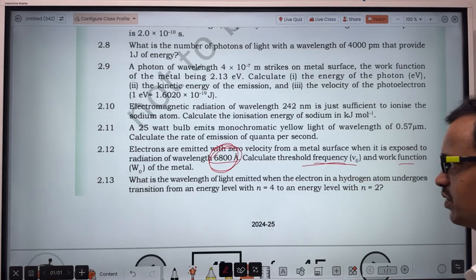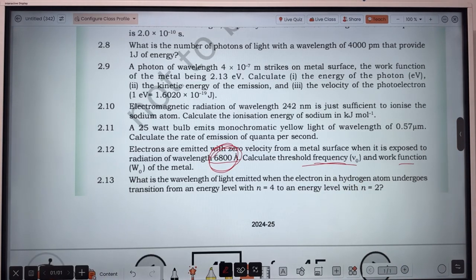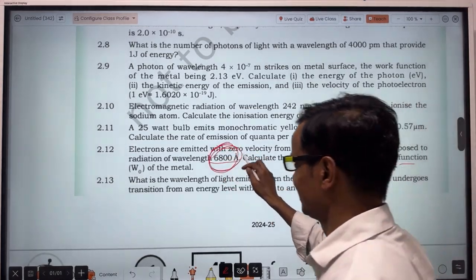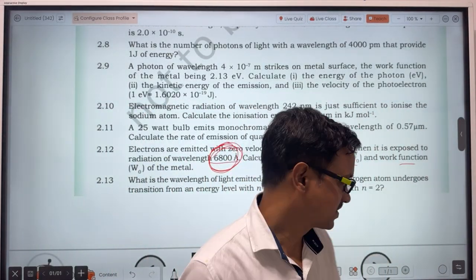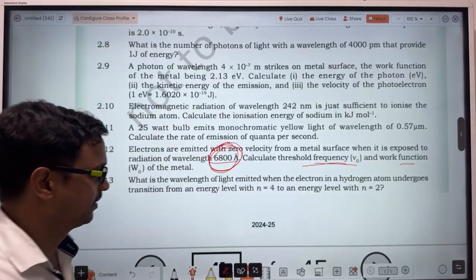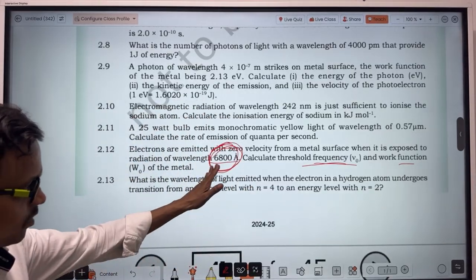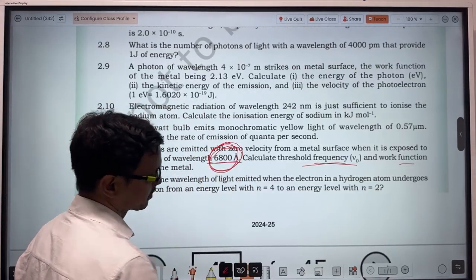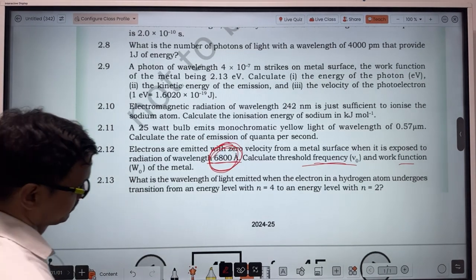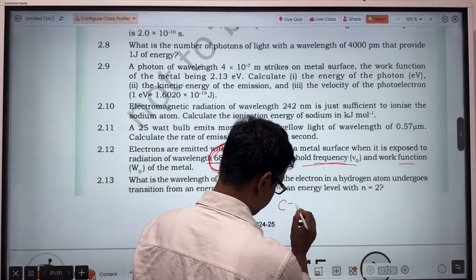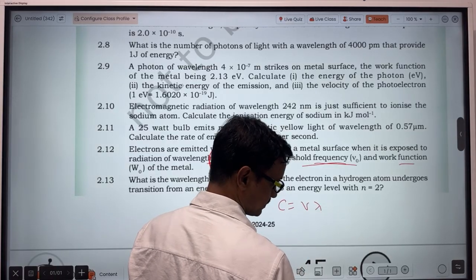So we can also calculate the frequency. To calculate the frequency, the energy is not required directly. Since the wavelength is given, this is the maximum, or threshold, wavelength. As you know, c equals nu lambda.